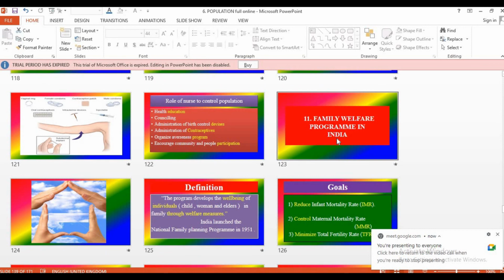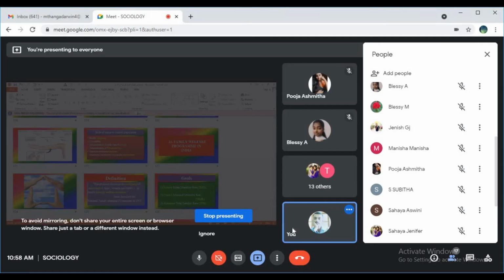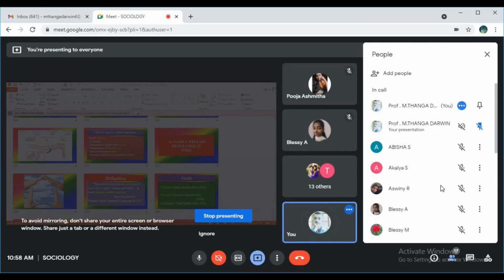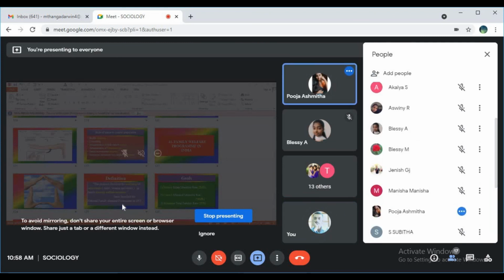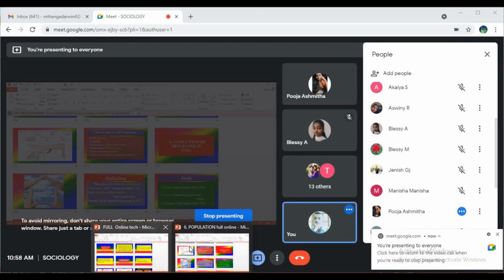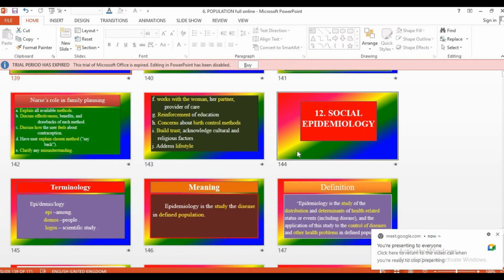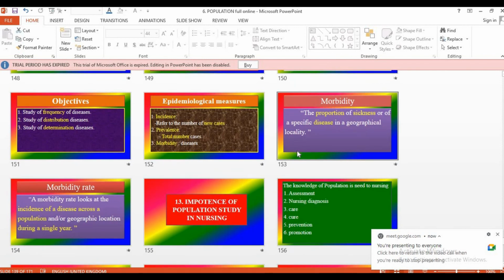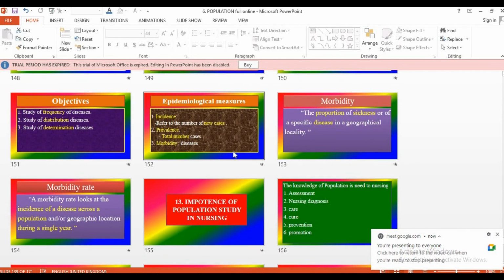Yes, first section. Pooja, can you see this screen slide? Yes, sir. First, family welfare program. Next section, social epidemiology. Then apply to nursing. Population studies apply in nursing. Which knowledge impresses you?